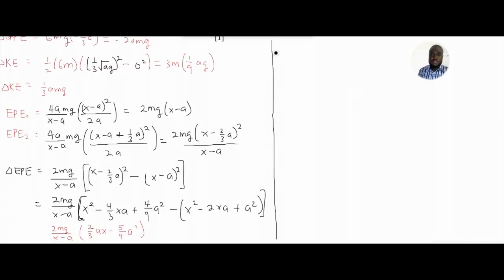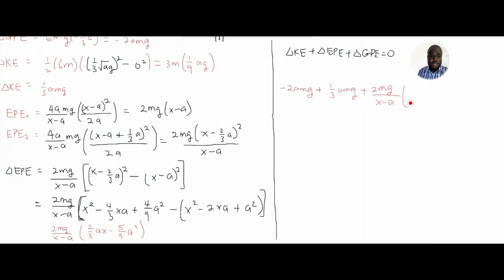Now at this point, it's ideal to use the conservation of energy principle since there are no external forces acting on the particle. So negative 2 amg plus 1 over 3 amg plus 2 mg over x minus a multiplying.